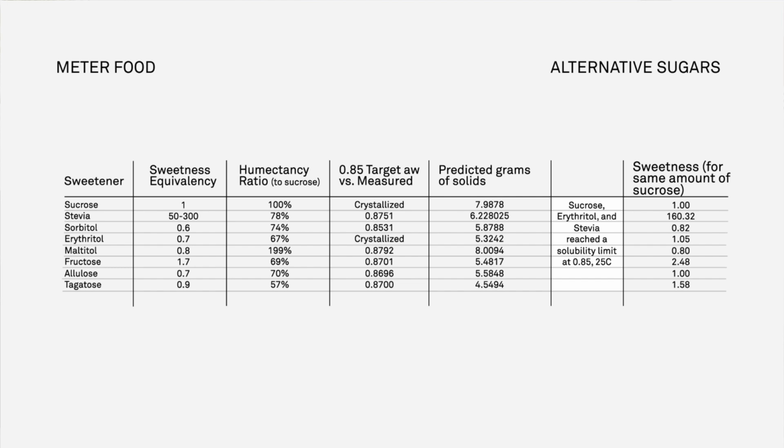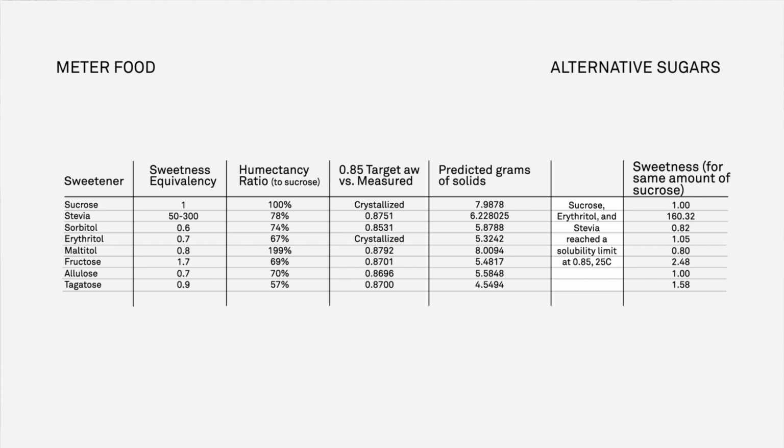So it has a lot of other attributes that are needed in these formulations, but we're going to focus here on humectancy. So basically, when I was talking before about these manual isotherms, we did that for all of our natural sweeteners here. And we were able to produce a relationship between water activity and the moisture content and relate that to, in terms of sugar, how well does it compare to sucrose? So we have a sweetness equivalency, so I wanted to put that there.